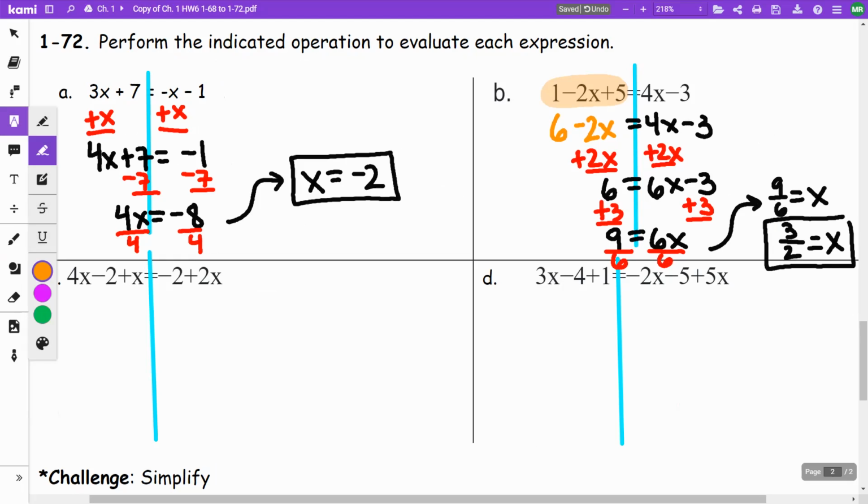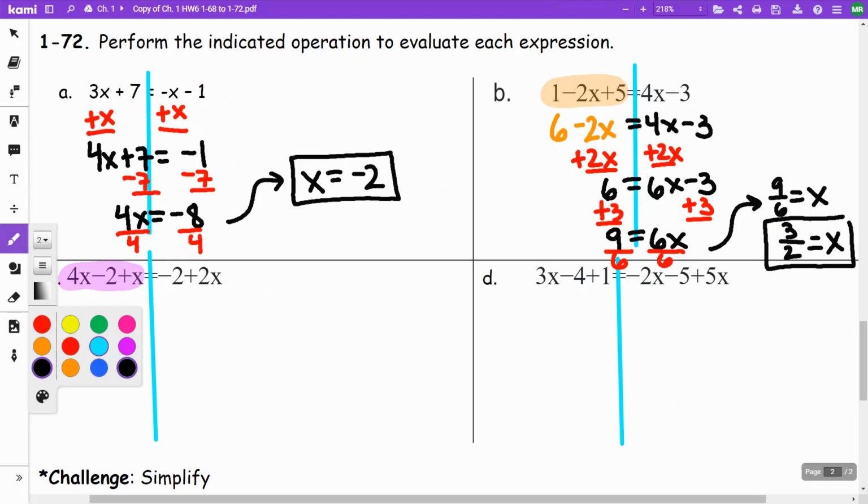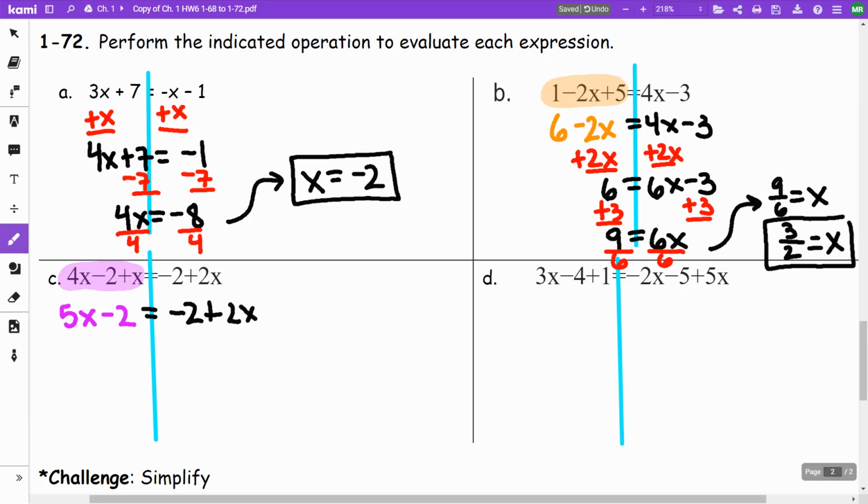On letter C, I am going to clean up this side of the equal by combining like terms. And my 4x and my x is going to give me a 5x minus 2 is equal to a negative 2x plus 2. I am going to deal with my x's first.